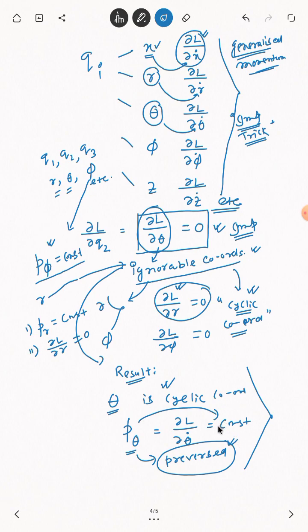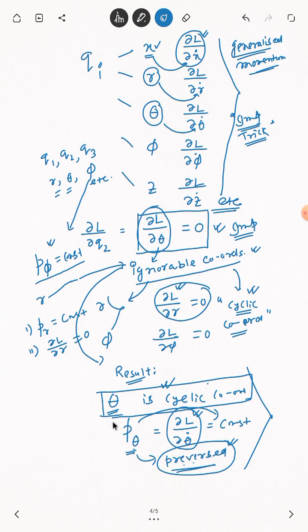That will be defined when we mark what is cyclic. If theta is cyclic, then p theta will be conserved, and the expression of p theta can easily be derived from this, and this conservation will give us the answer.